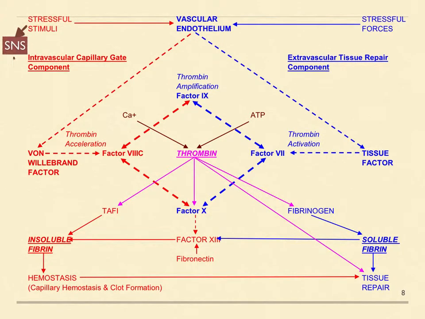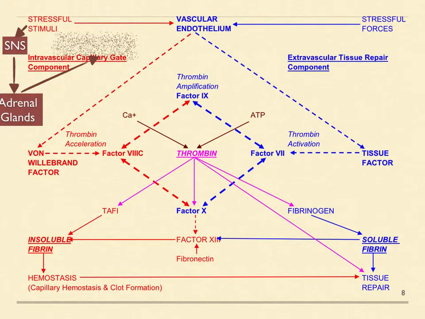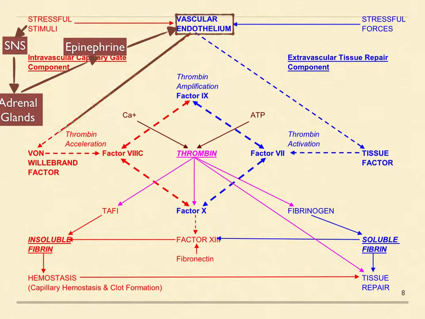Insulin and epinephrine are opposing hormones that extend autonomic effects to peripheral tissues that lack direct autonomic innervation. Sympathetic activity releases epinephrine from the adrenal glands. Epinephrine releases von Willebrand factor from the vascular endothelium, which closes the capillary gate.